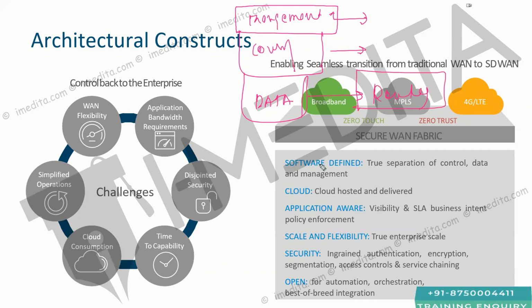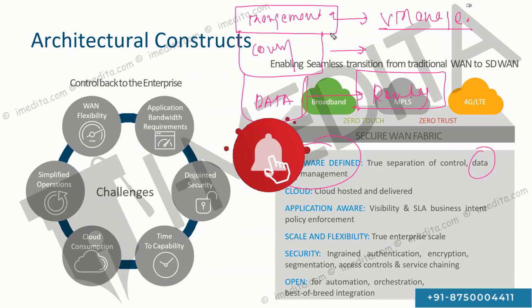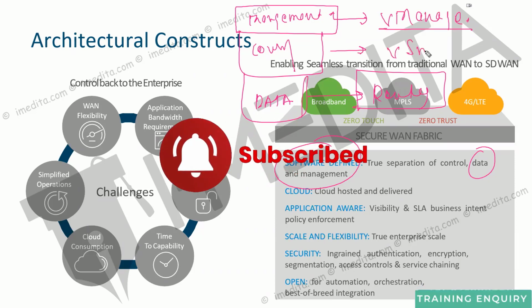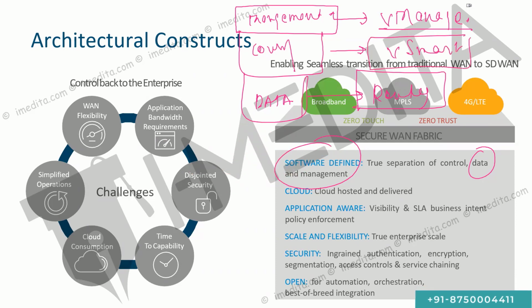In SD-WAN, the routers that we use, the vEdge router or the cEdge router, are called just data plane devices. The management plane functionality is moved to a controller called vManage. The control plane functionality is moved to a controller called vSmart. And the data plane functionality remained on the devices, the cEdge devices or the vEdge devices.